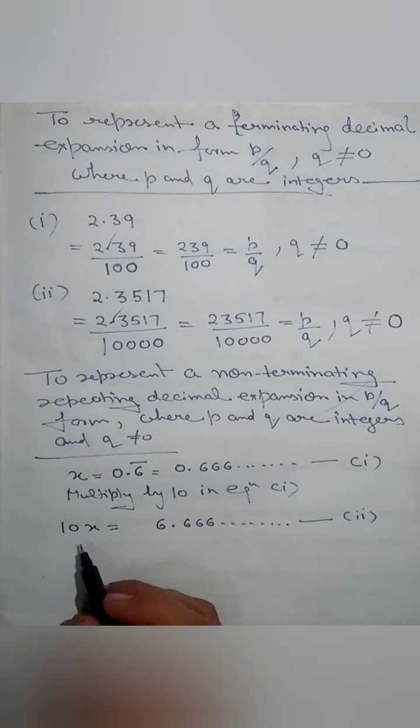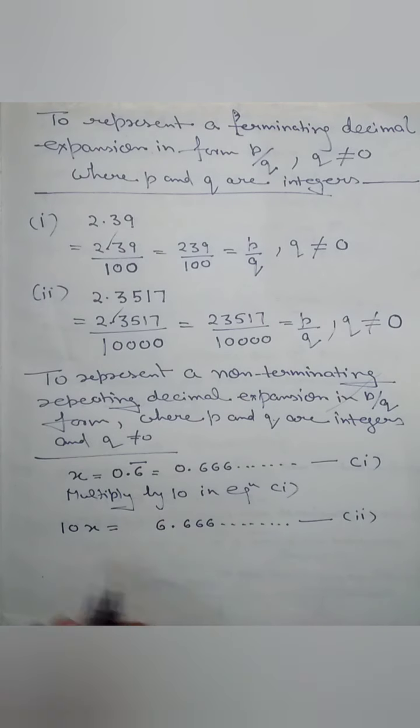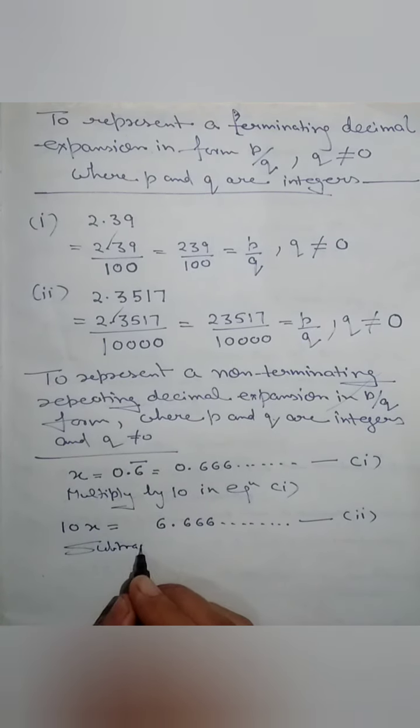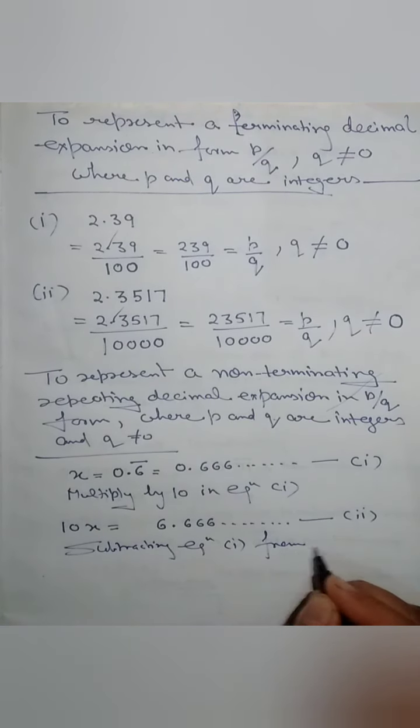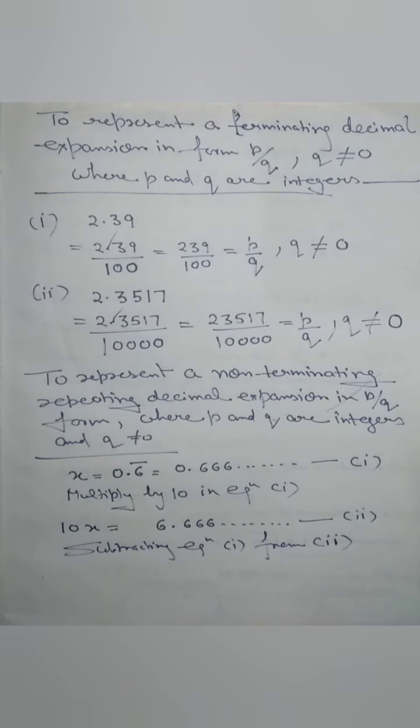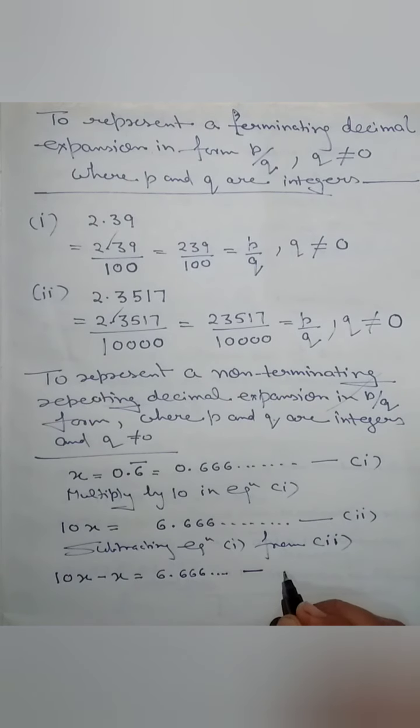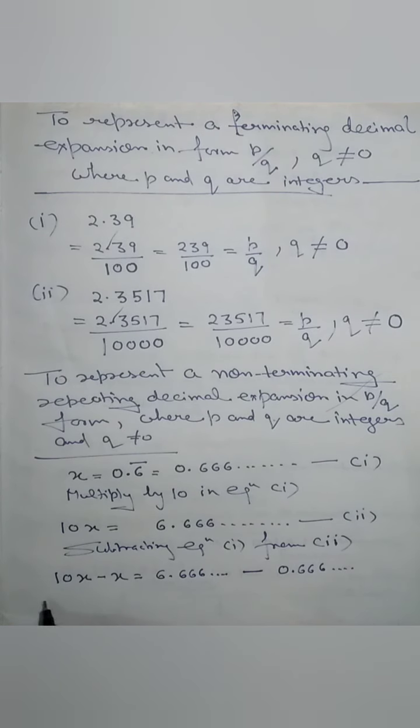Now subtracting equation 1 from equation 2, we have 10x minus x. In subtraction, we subtract left side from left side and right side from right side. 6.666 minus 0.666, 10x minus x is 9x.